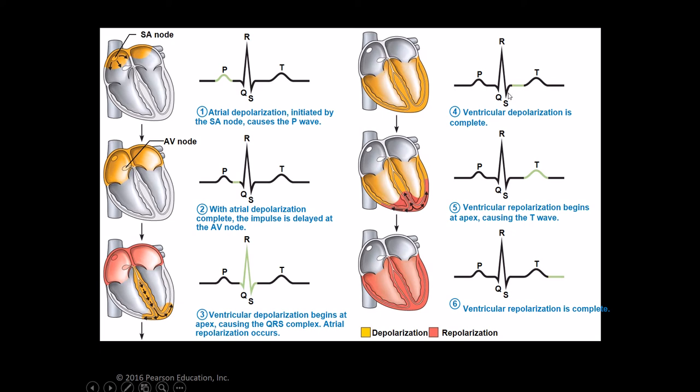But by the time we get to the S, it's completely depolarized the Purkinje fibers, and the ventricles are now starting to repolarize. That gives us our T wave, and then at the end of the T wave, the ventricles are repolarized, and we're ready to start the whole cycle all over again.